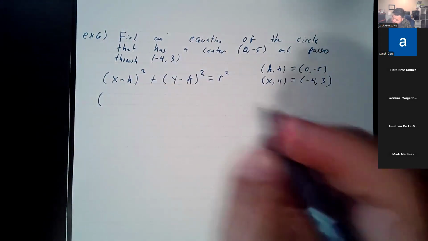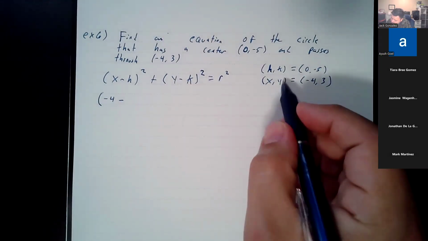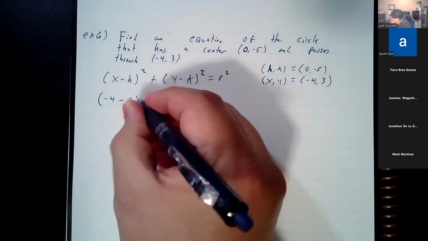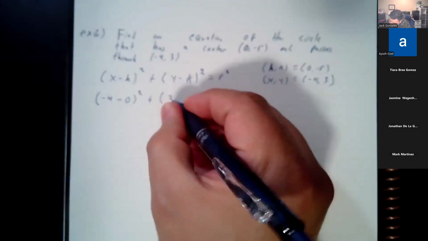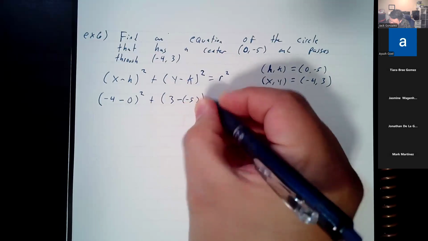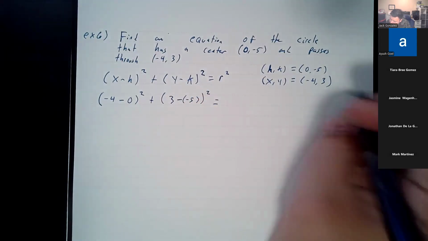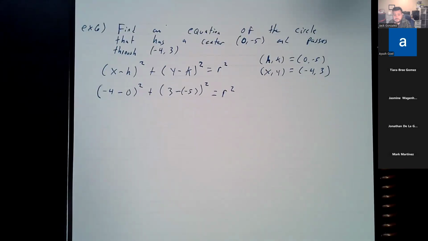Plug in the X, which is -4, minus the H, which is 0. Plug in the Y, which is 3, minus the K, which is -5. So you could solve for r at this point, right?